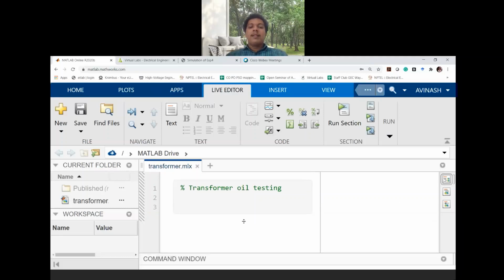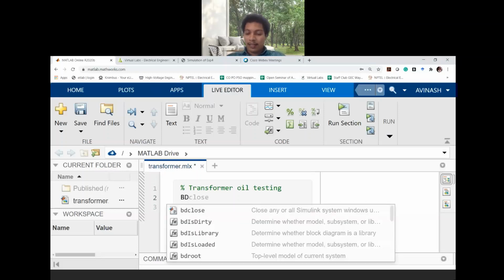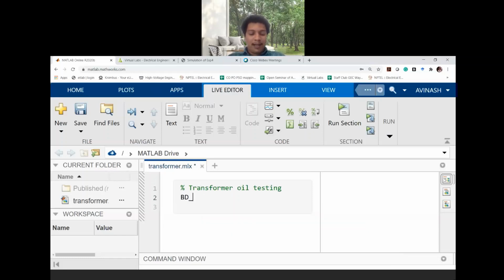So in transformer oil testing here, first it is quite similar to matrices. My input is the breakdown voltage. That variable I am marking as BD_V. You can take any variable name.